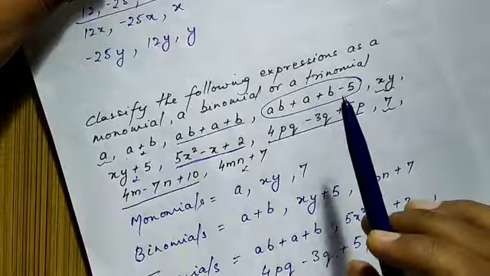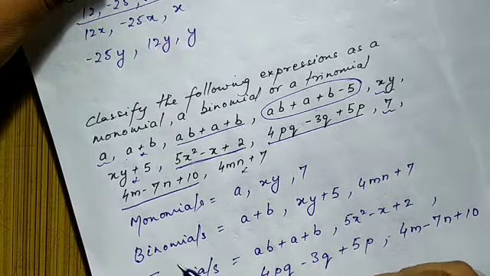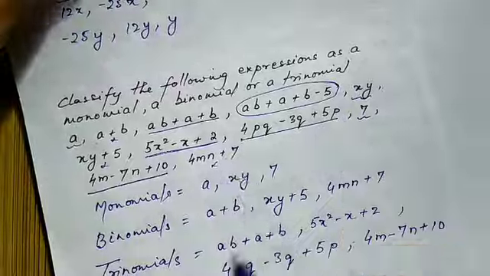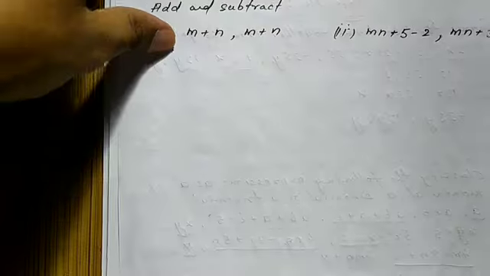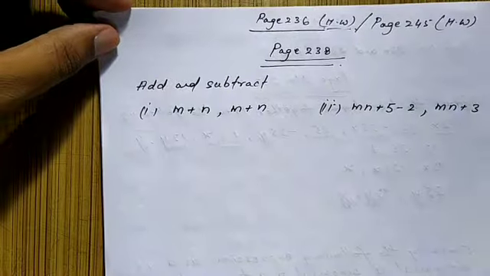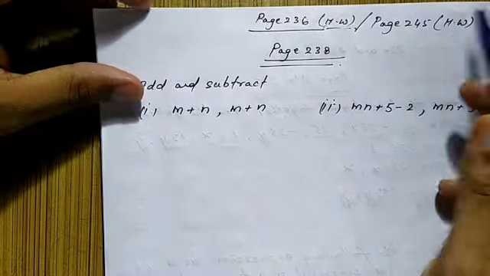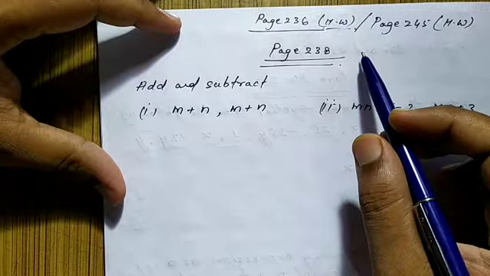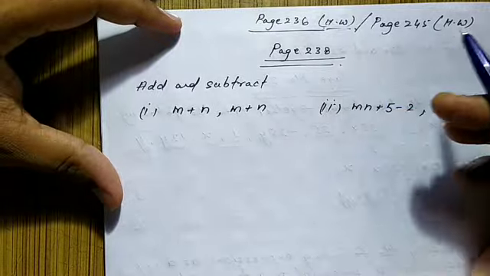If this is neither monomial nor binomial nor trinomial, then what is this? Now come to the next, try this. Page number 236 and page number 245 is your homework, very easy. Now come to page 238, very simple.